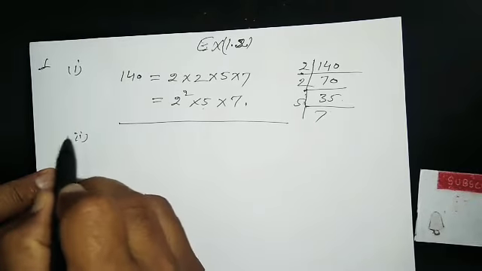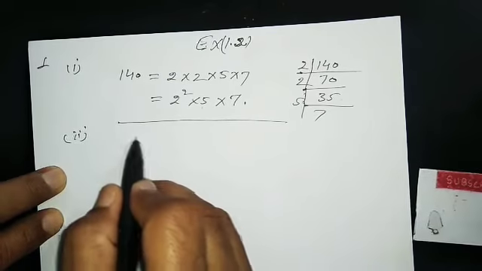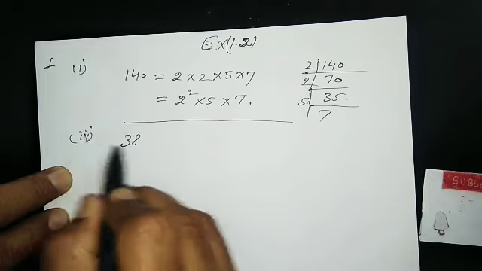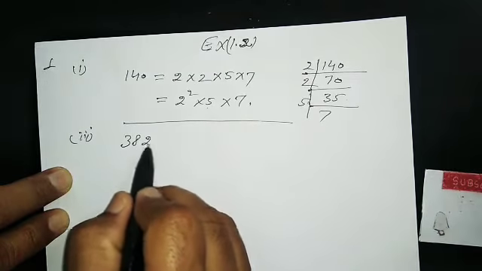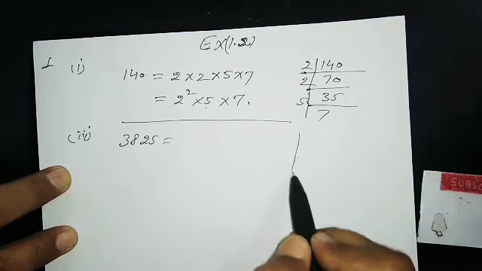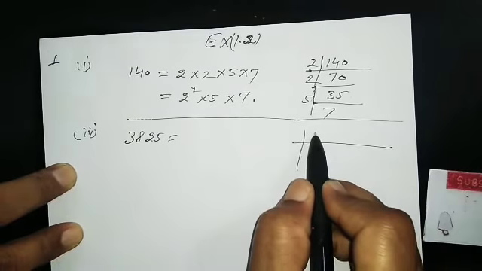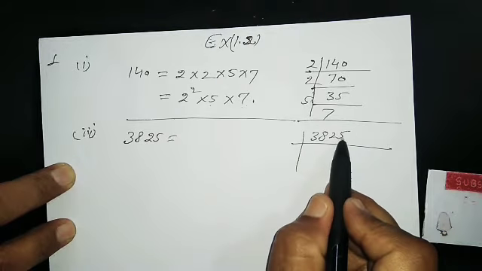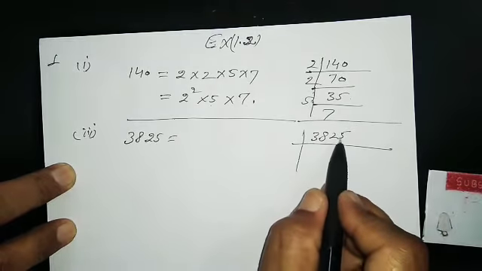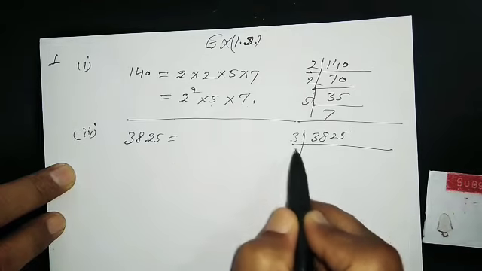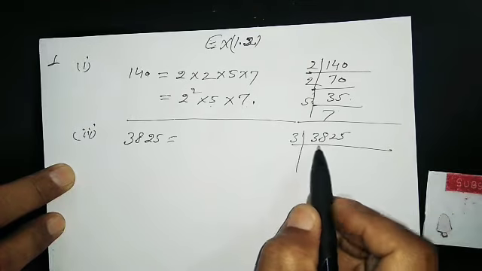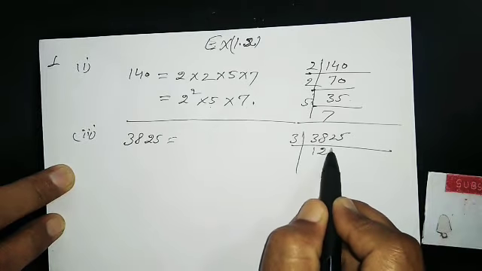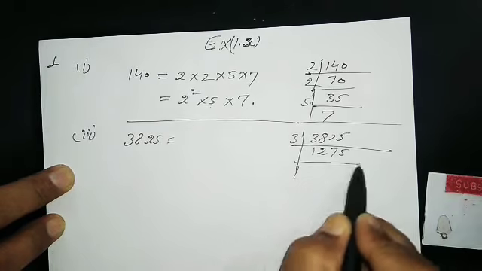Another example you can take. This is not a very difficult one. I am taking the third one, that is 3825, and again using the process. As you know, it is not even and not divisible by 2. You can try for 3, and this will be 1275.